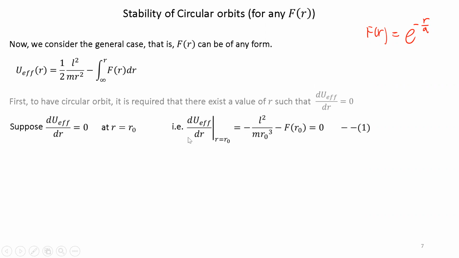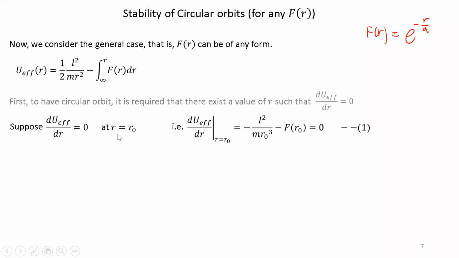Of course, this time I cannot exactly find the stationary point yet without knowing the actual form of the force. But let's say dU/dr is equal to 0 at some r naught.